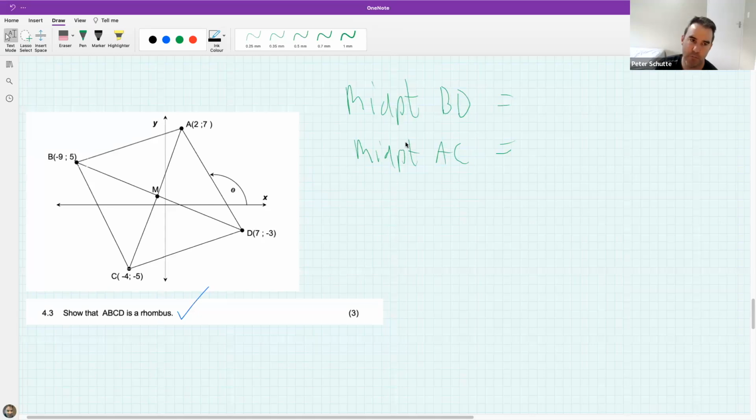Find me my midpoints for midpoint BD, midpoint AC. So what do we have here?